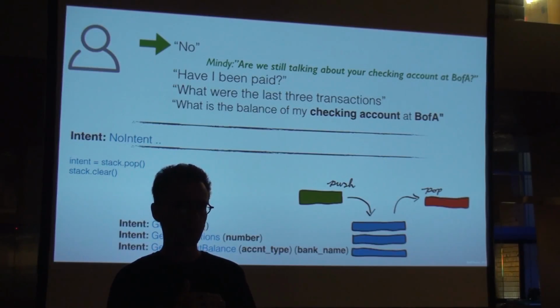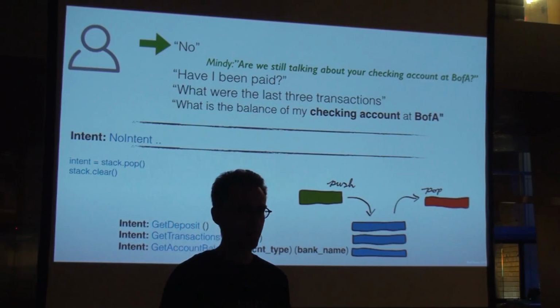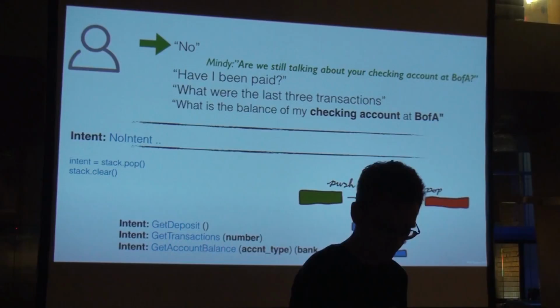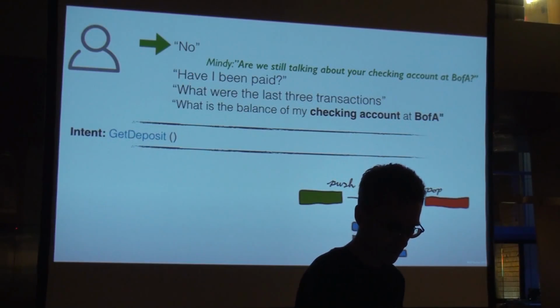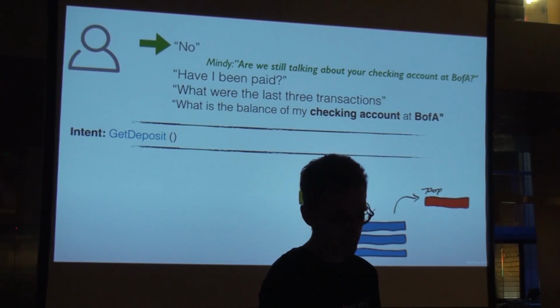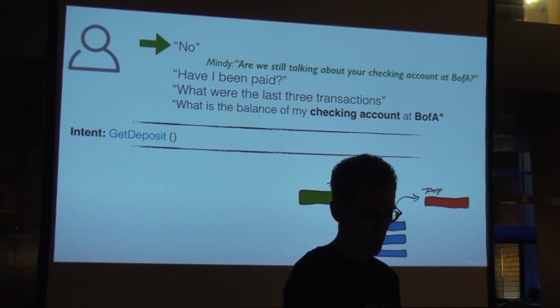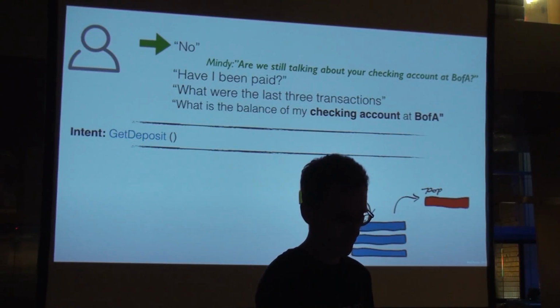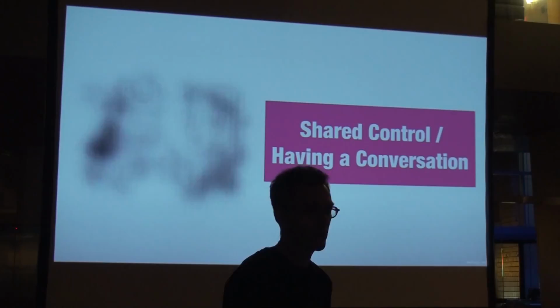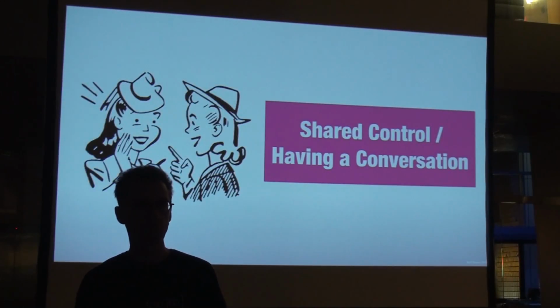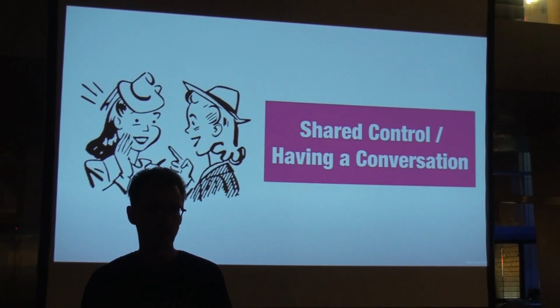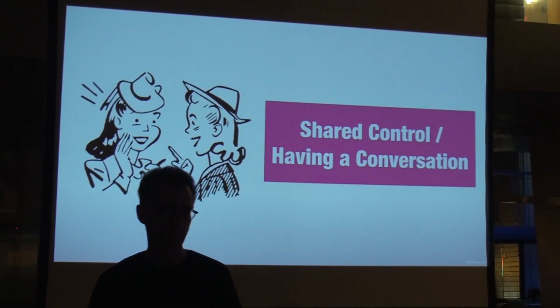So if the information is too deep on our stack, we rather ask for confirmation. The answer could be no in this case, then we run the get deposit without any entities. It's a very simple concept: stacking all the intents and looking for compatible entities could allow you to keep context.